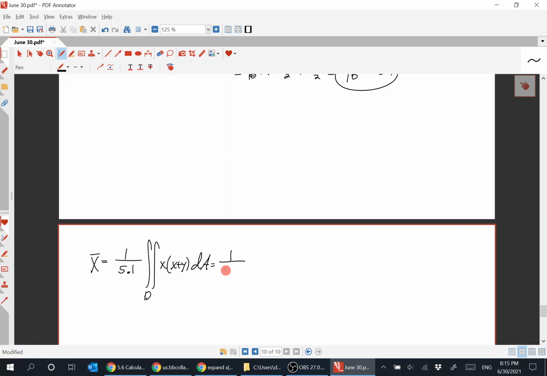So that's 1 over 5.1, integral from 0 to 1, y from x to 5 minus 4x, of x squared plus xy dy dx. And that is going to be, I mean, even worse.